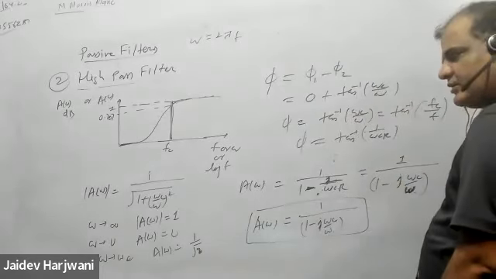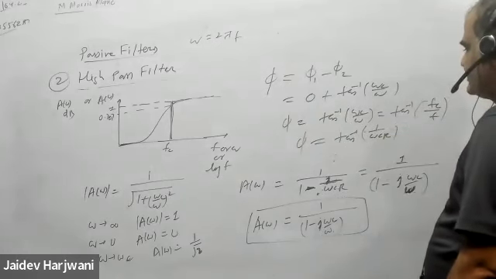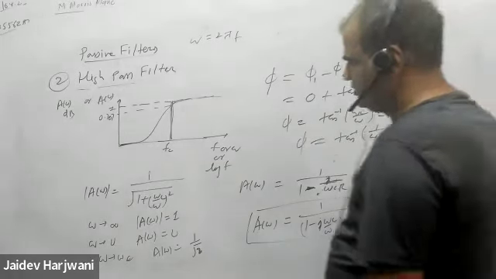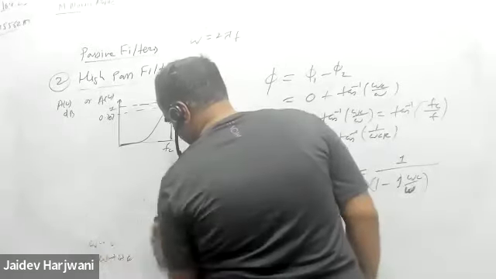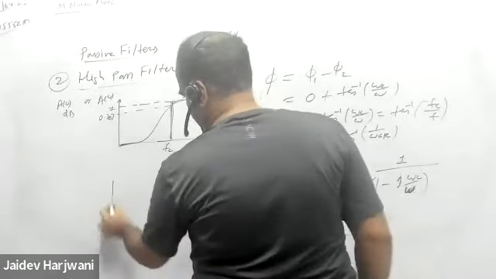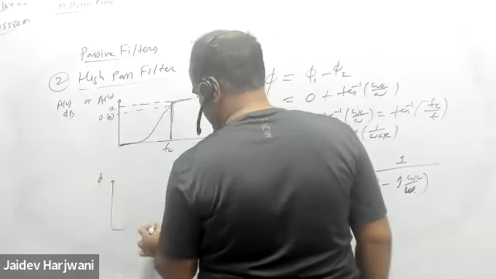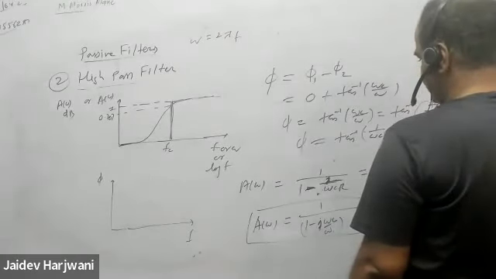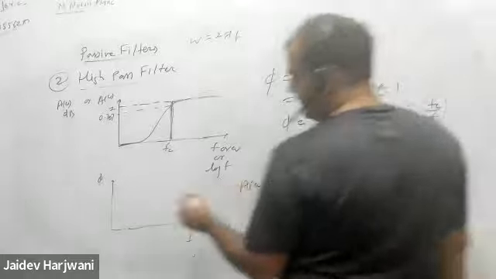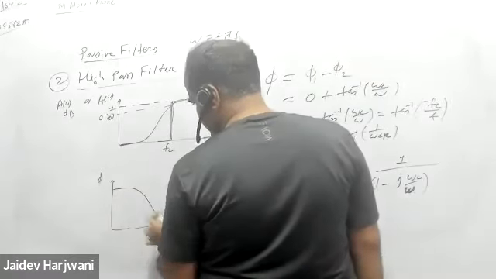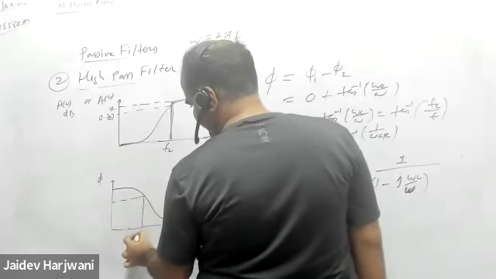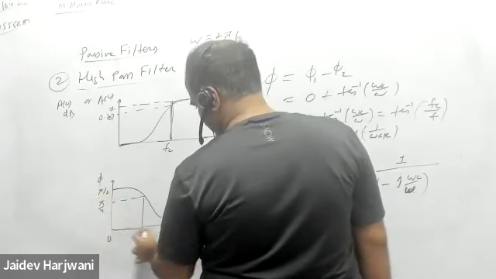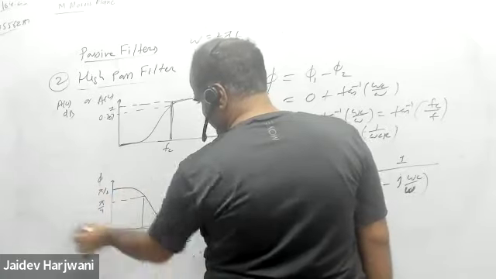The phase is positive, so you can easily draw the phase. At 0 frequency, this is tan inverse of infinity, pi by 2, and then it goes to 0. At some frequency, say fc, this is pi by 4, and at infinite frequency it comes to 0.